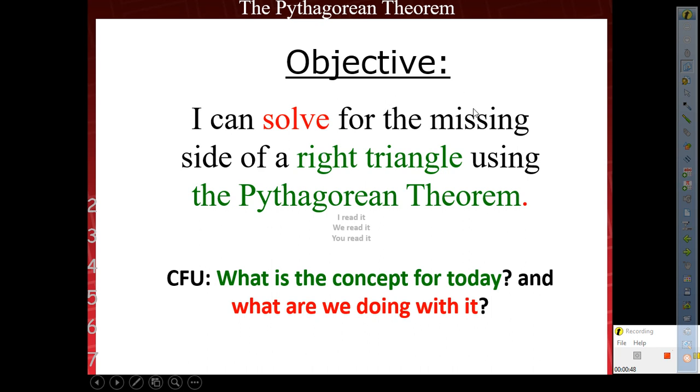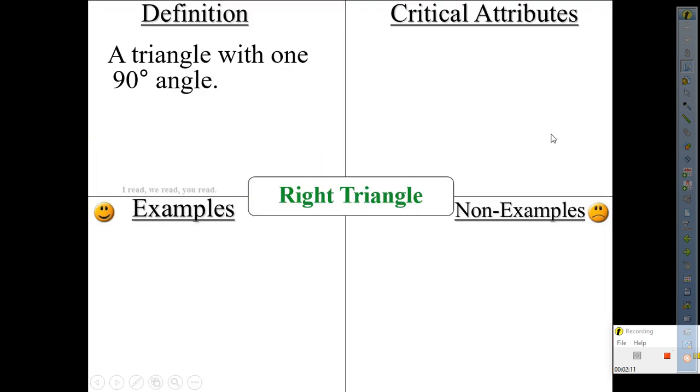Okay, so in your Frayer model, right triangle. Definition: a triangle with one 90-degree angle. Examples. Copy these 3.